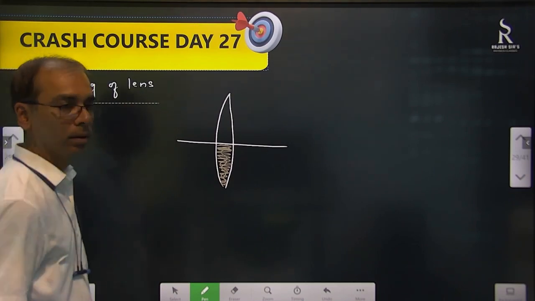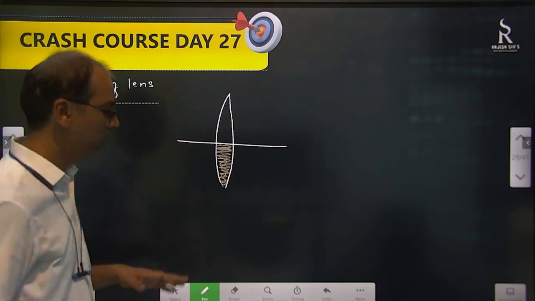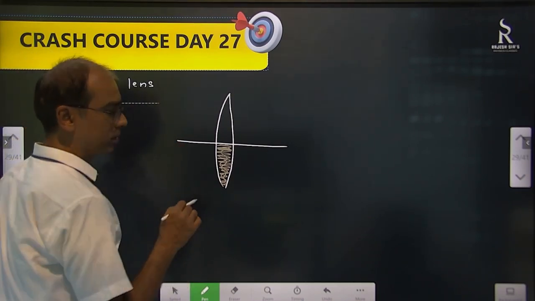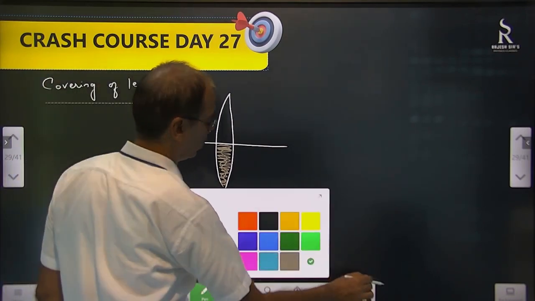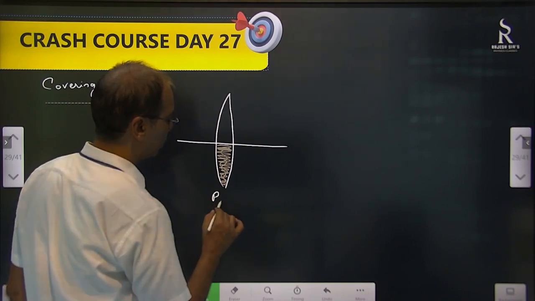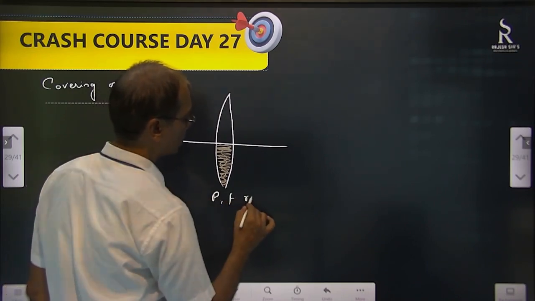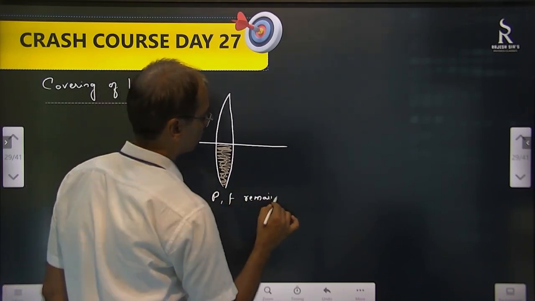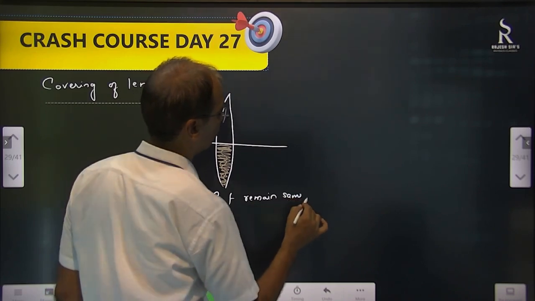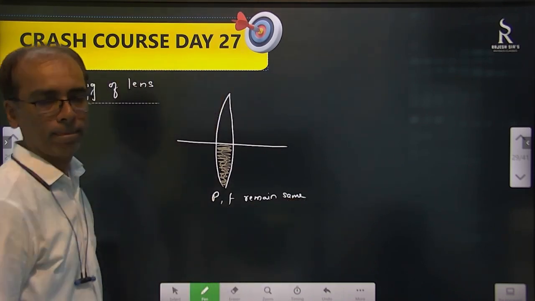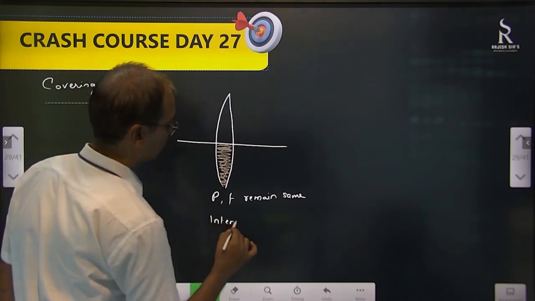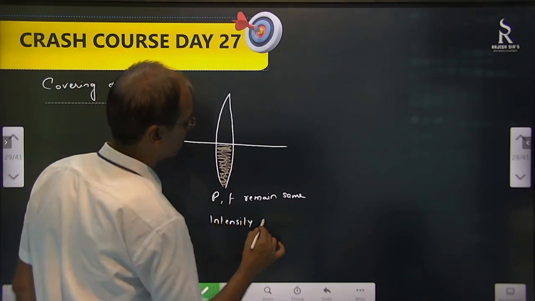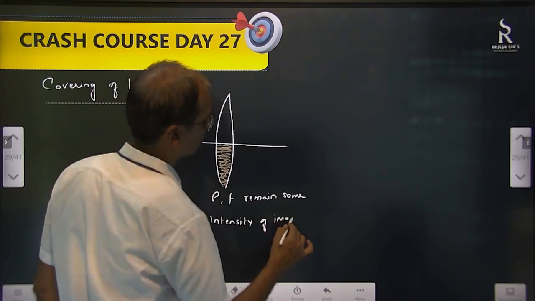What will happen then? Does focus change? No. Does power change? No. Power is the same P, focus is the same F. P, F remain the same. Then what has changed? Intensity. Intensity of the image is decreased.